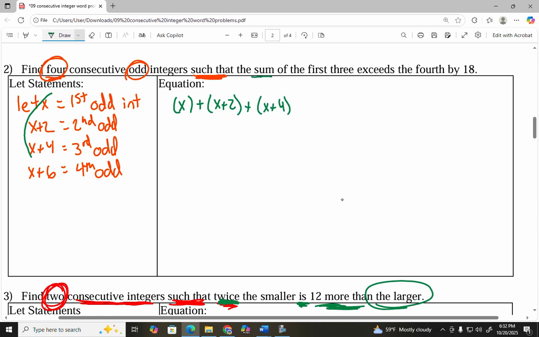That's the sum of the first 3. That's all I did so far, the sum of the first 3. And this is the part where it gets tricky. It says that the sum of the first 3 exceeds the fourth by 18. So this is the sum of the first 3.